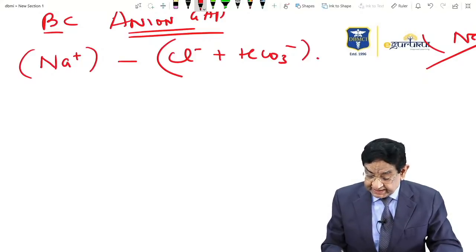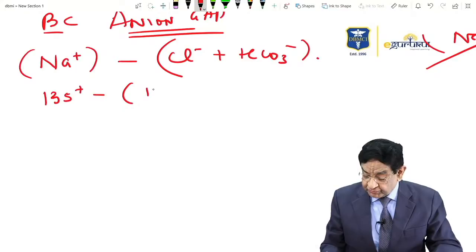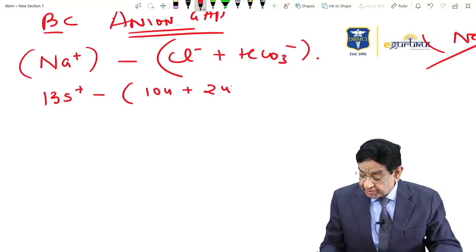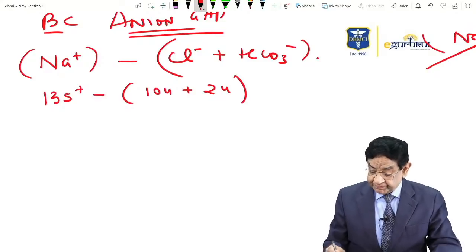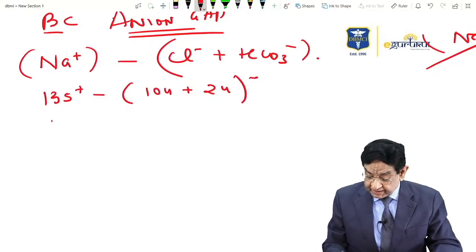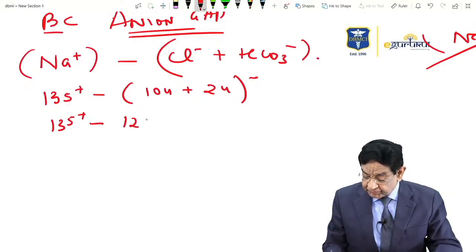So maybe sodium is 135. Chloride is 104. Bicarb is 24, averages we have taken. Their minus 135 minus 128 plus 7.